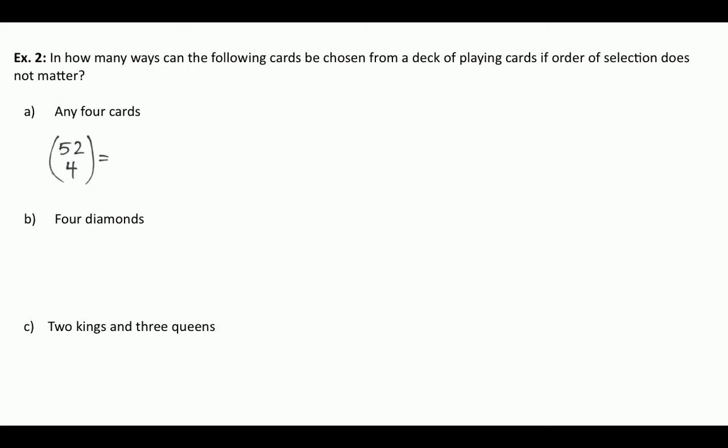You type it as 52C4 in your calculator. We could also write it as 52 factorial divided by 4 factorial times 52 minus 4 factorial. And what we get is 270,725. So that's how many 4-card hands there are. Now, 4-card permutations would be tons more; you'd multiply that by 4 factorial. But we're not doing that.